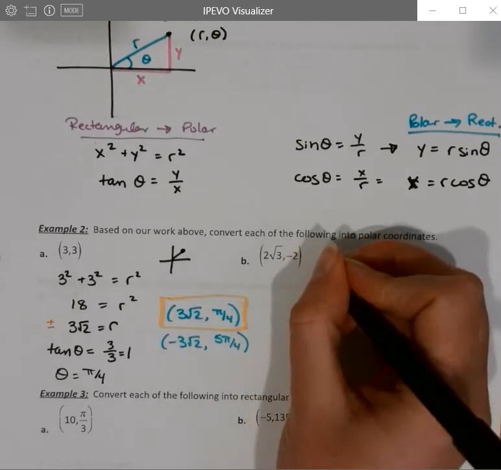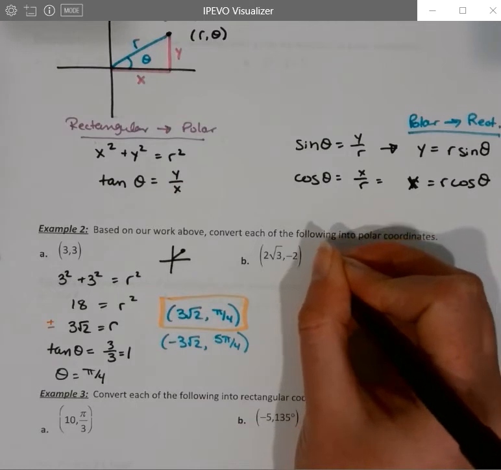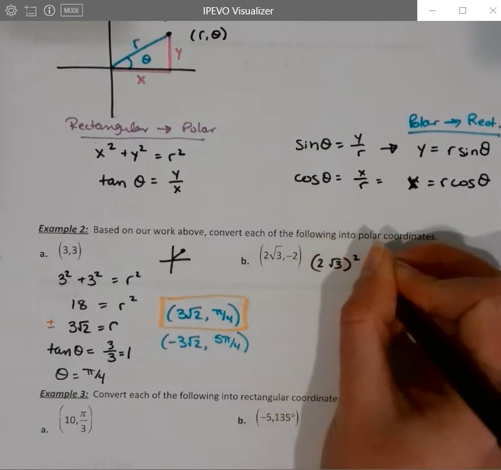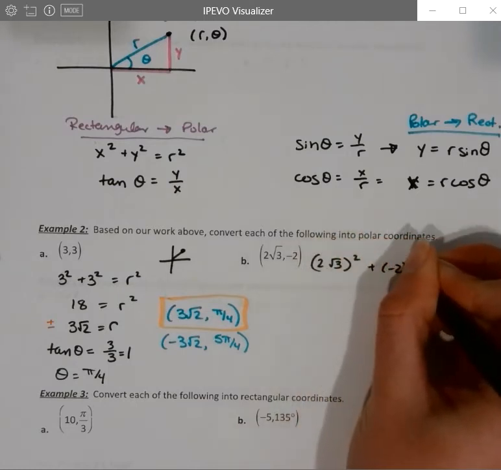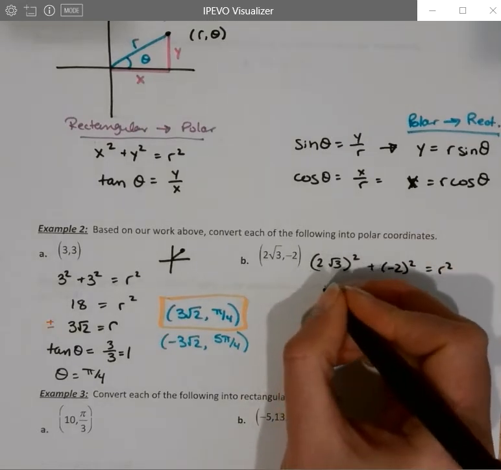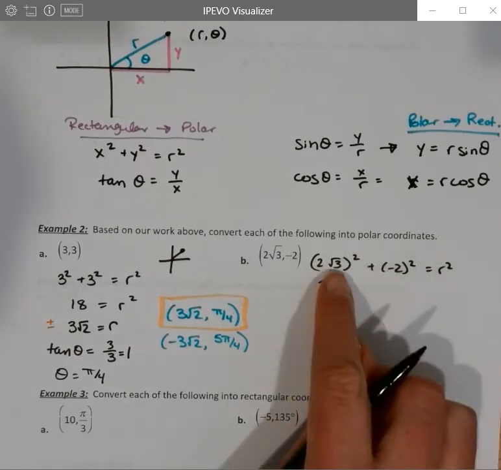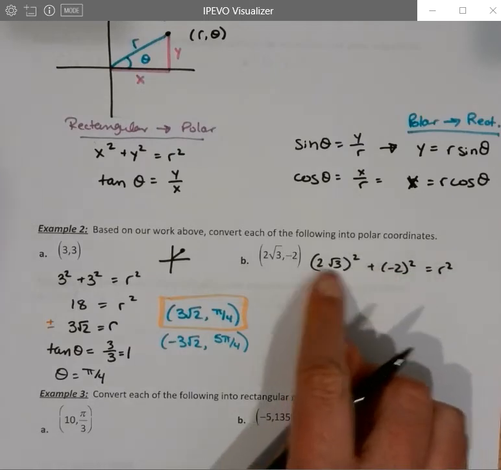Okay, so again, I'm in rectangular, so I want to get into polar. So we'll take 2 square root of 3 squared plus negative 2 squared equals r squared. So that is, let's see, I'm sorry, that's actually 3 when I square it, times 4 is 12.